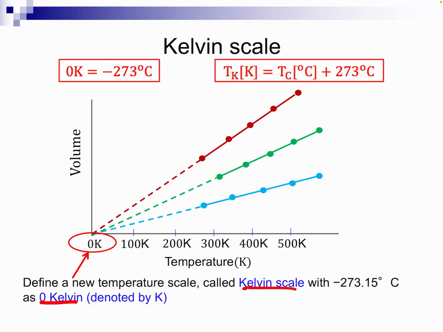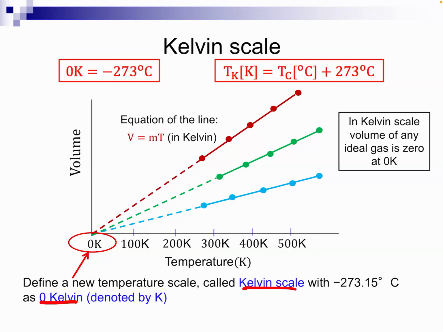But just to give an overview, we're talking about temperature scales being converted from degrees Celsius to Kelvin. And so moving the intercept to 0 Kelvin, then we see that the volume will be 0 at 0 Kelvin. And so we define this temperature scale to be the Kelvin scale as the temperature when the volume is equal to 0. Okay.